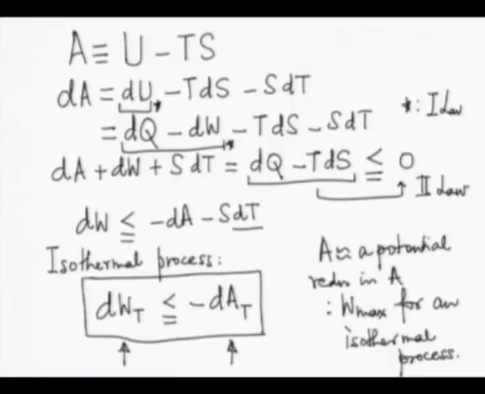That is something which we should note. So that is why the A, which is named after Helmholtz, we may call it Helmholtz function, but sometimes it is known as Helmholtz potential or Helmholtz free energy. The word free energy is sort of a misnomer, there is nothing free, but Helmholtz potential is a good enough name instead of Helmholtz function.